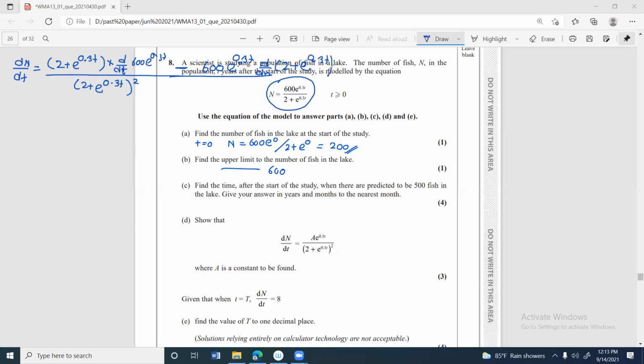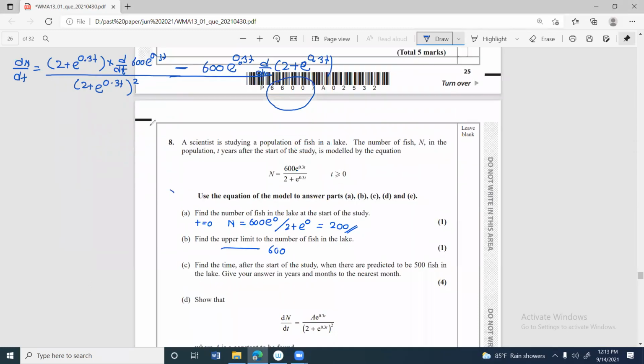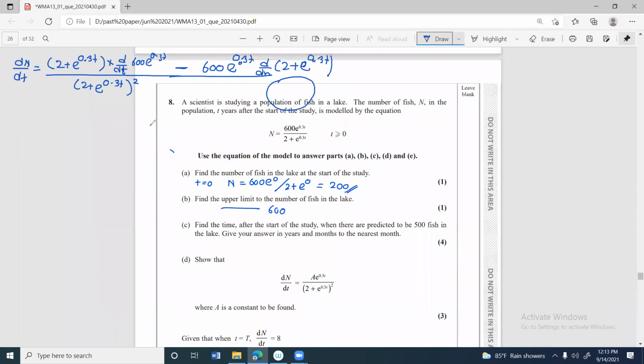That's the usual format of it. Now you can see the differentiation: square the denominator, keep the denominator and differentiate the numerator.